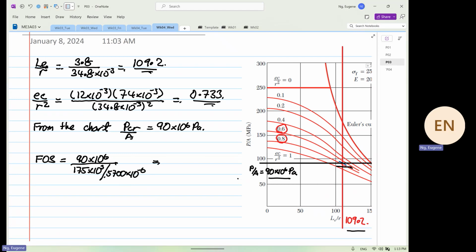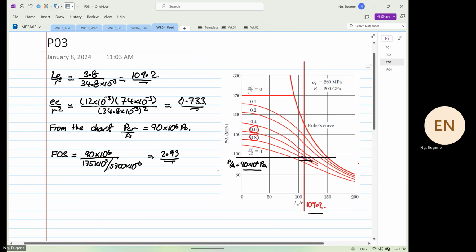So this will be equal to 90 times 10 to the power 6 divided by 175 times 10 to the power 3 divided by 5700 times 10 to the power minus 6. And then it's 90 times 10 to the power 6 divided by this, which is equal to 2.93. Are we clear? Okay.